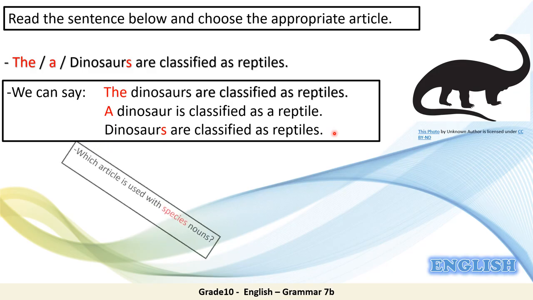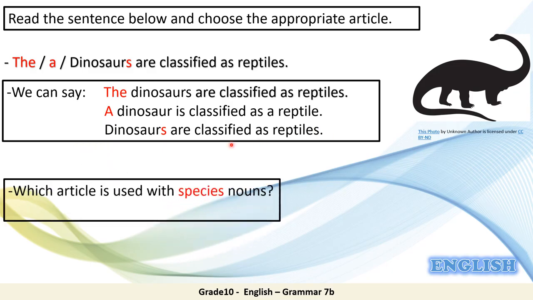So what's the difference between the three sentences? Which article is used with the species nouns? Pause the video for a while. Think of the answer. Now let's find out the answer together. So, the dinosaurs are classified as reptiles.